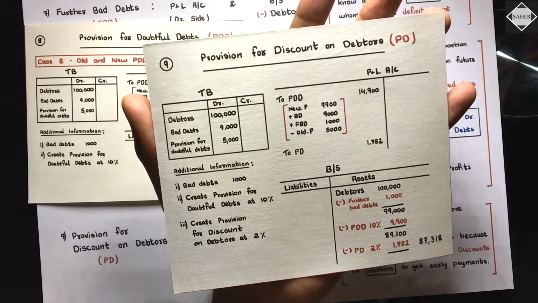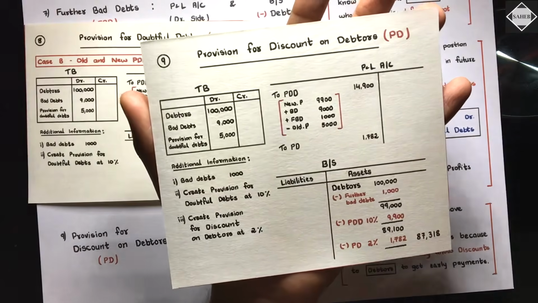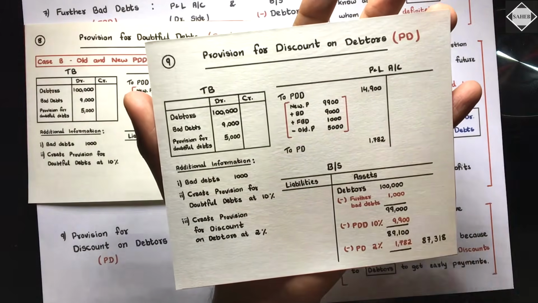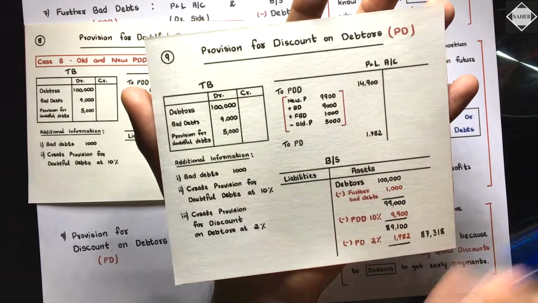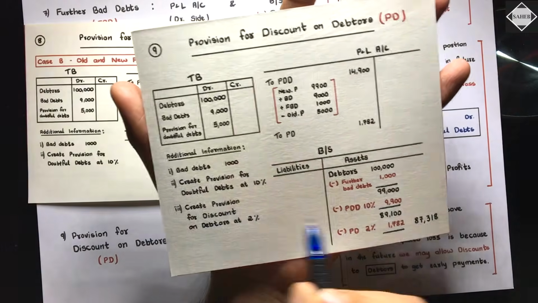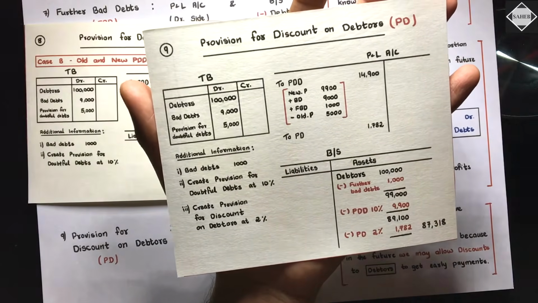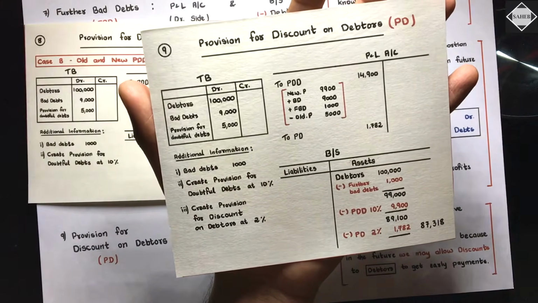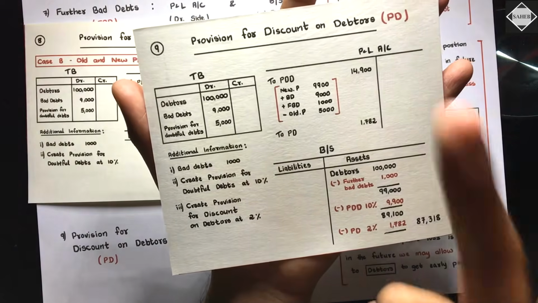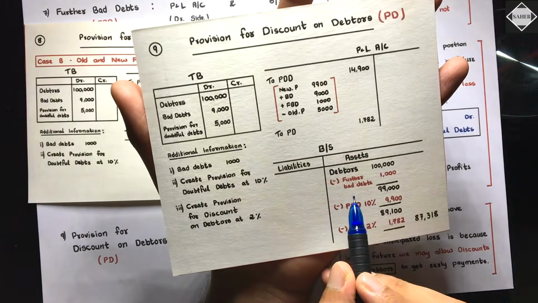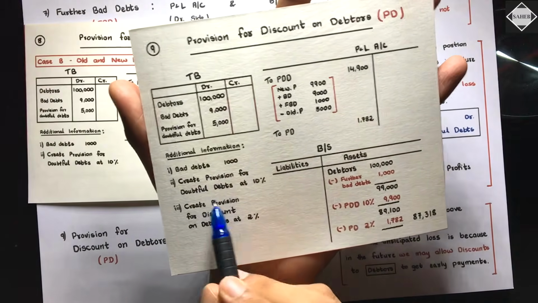Now you will wonder one thing. Sir, you told us that all the adjustments will go to two places. Yes, it will go to two places. Understand properly. The further bad debts have come over here as well as in this shortcut. Remember it like this: further bad debts have to go to two places, the P&L as well as the balance sheet. And then create the new provision.